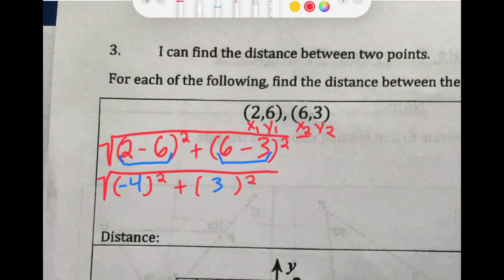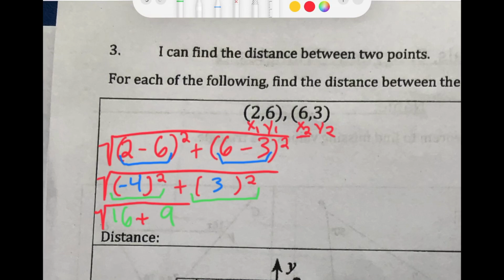Then I'm going to keep simplifying. I'm going to keep the square root and the addition on the inside. But now I'm going to simplify negative 4 squared, which gives me 16. And then the 3 squared gives me 9.